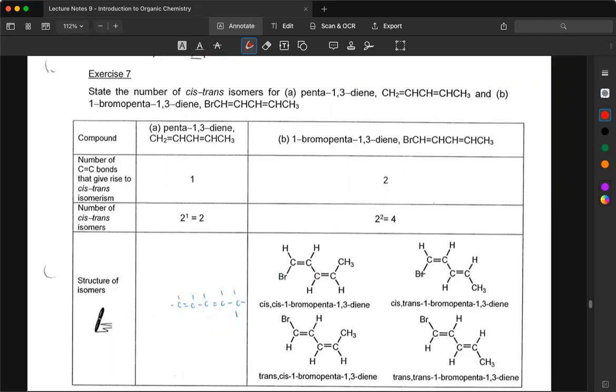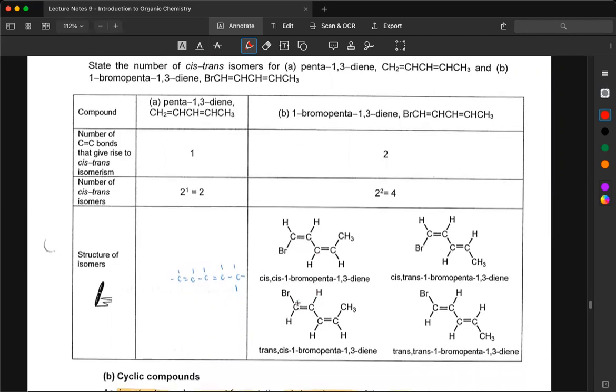Then this one, cis, then cis, and this one is the opposite of this, trans. Then this is trans, but here cis. Here trans again. This one has only 2 possible isomers, right?